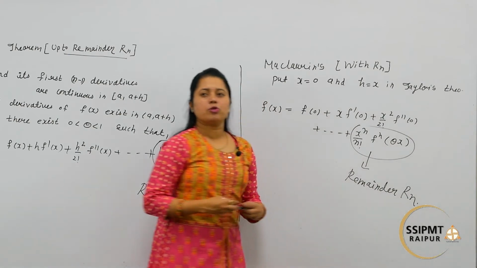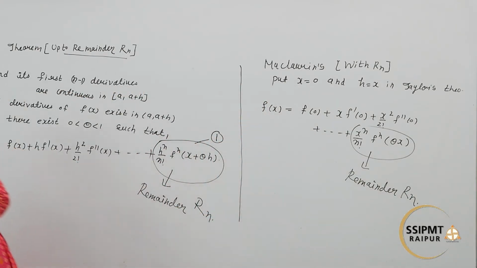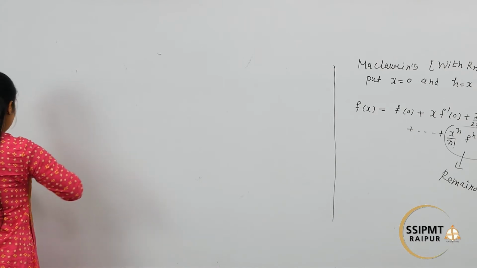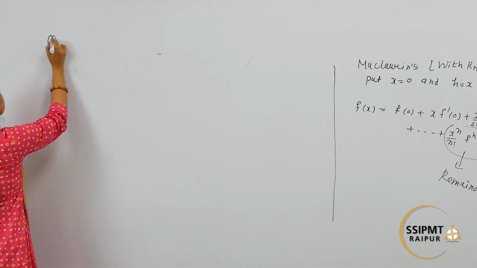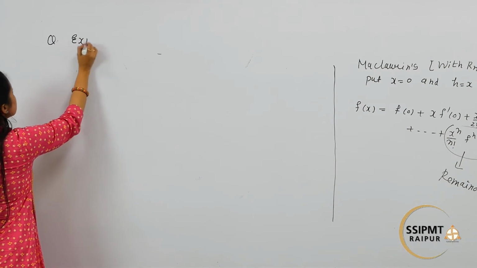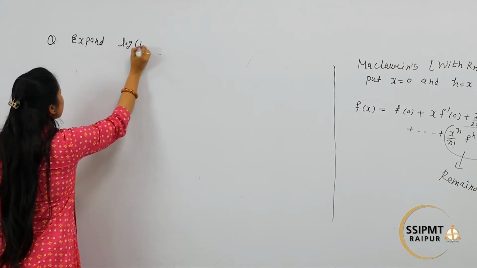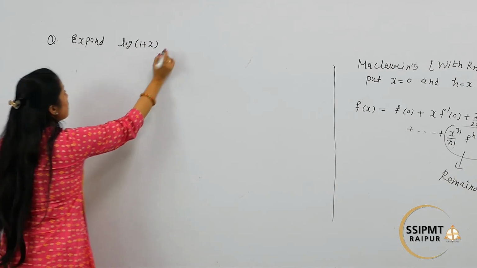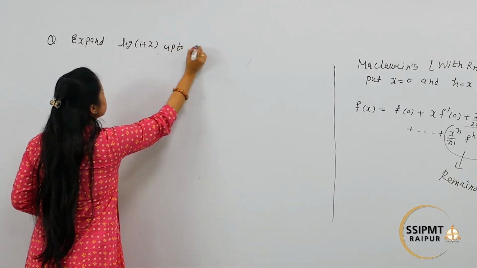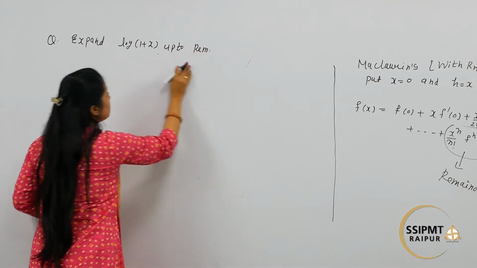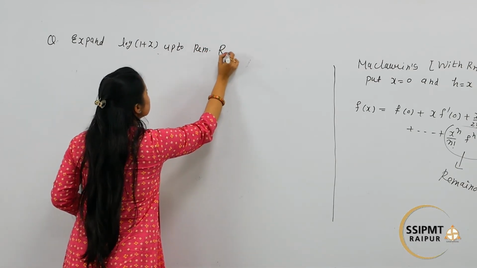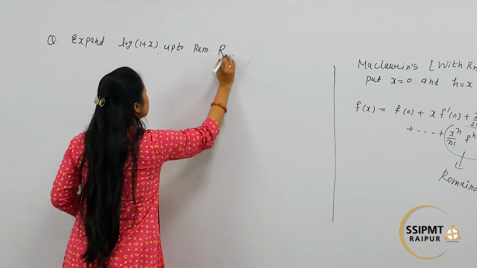So next we will solve an example using Maclaurin's or Taylor's theorem. We are taking an example. The question is: expand log(1+x) up to remainder R3.